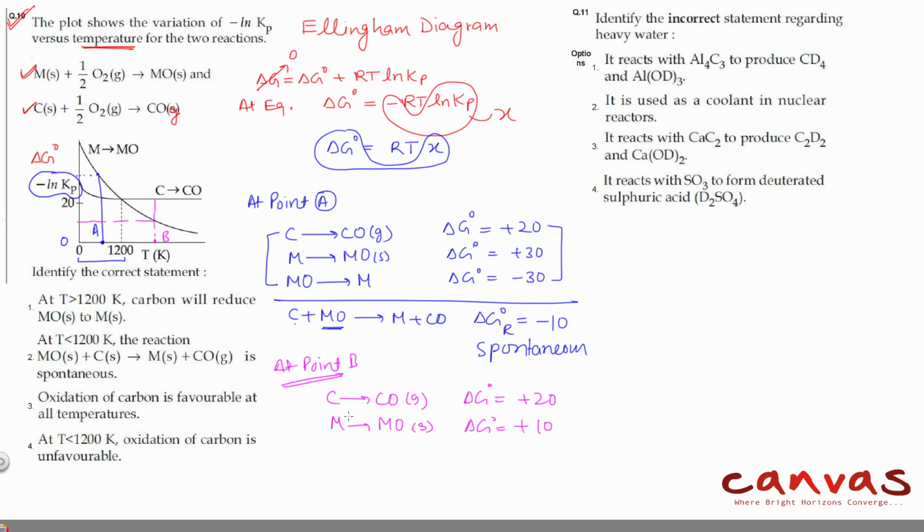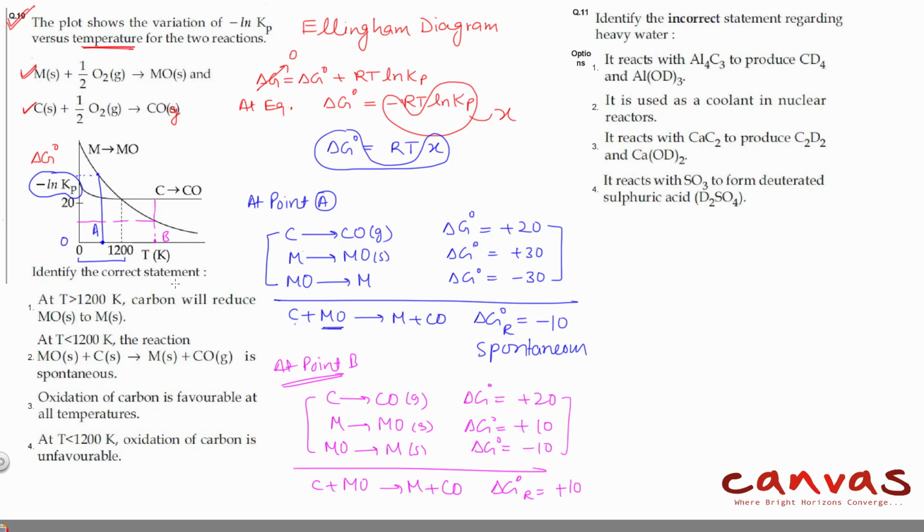Now if you reverse this to make metal oxide reduced into metal, this will become minus 10, and then you add first and third. Carbon plus metal oxide gives you metal plus carbon monoxide, and you get delta G naught for the reaction as plus 10, that is non-spontaneous.